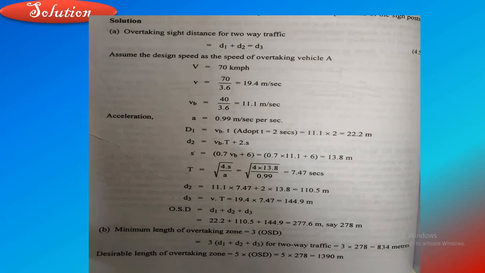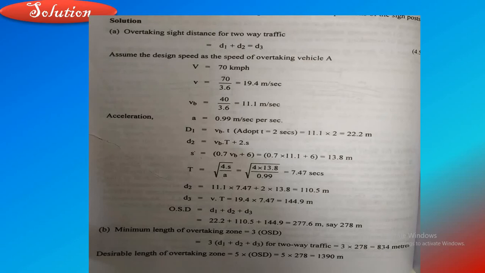Here VB means speed of the overtaken vehicle, and capital V is the speed of the overtaking vehicle or design speed in kmph. And afterwards, the given acceleration, small a, is equal to 0.99 meter per second square. We can take it in kmph per second also, it doesn't matter.